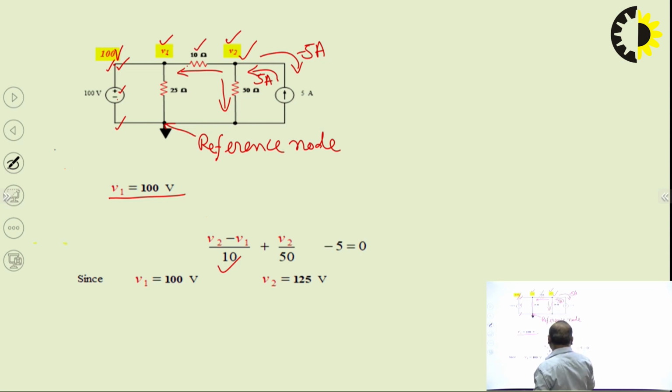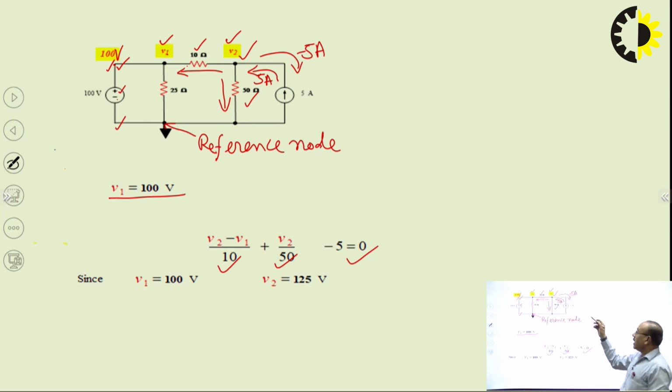Similarly, V2/50, that is the current in the 50 ohm branch, and minus 5, equal to 0, since all these 3 currents are taken as outgoing currents, and the sum of these 3 will be equal to 0, since there is no incoming current at this node. On solving this equation, we get V2 equal to 125 volt.